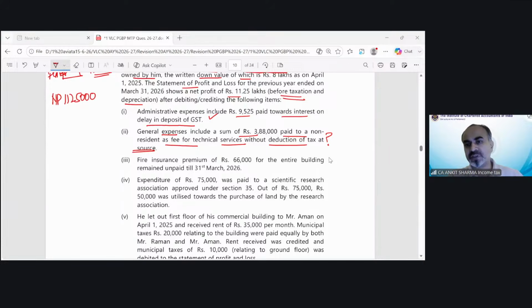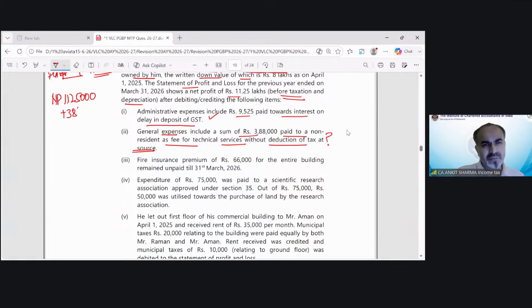Nikita, 100%. Very good. Because the payment is made to a non-resident and if TDS compliance has not been done, then the full amount is going to be disallowed. So in this case, the 3,88,000 rupees is disallowed.